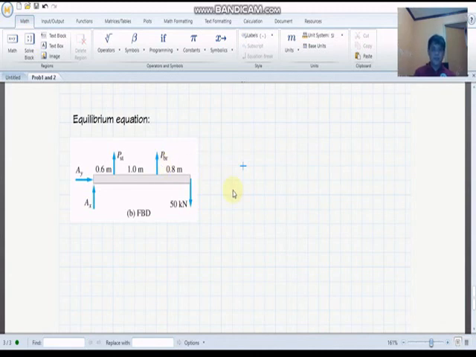Okay, so now we're going to write the equation, but in doing so, we need first to identify what forces are needed in the solution, because not all of these forces will be used in solving the problem. So we need to ask ourselves what forces do we need and which forces will not be included.